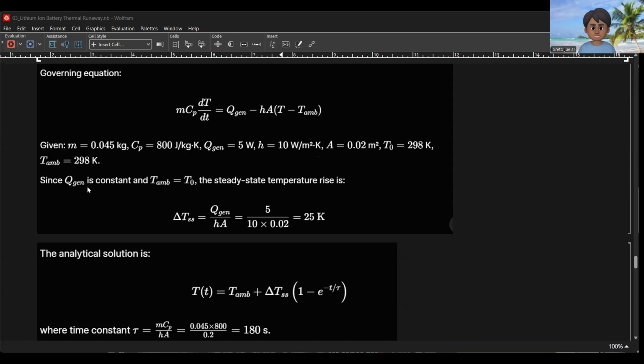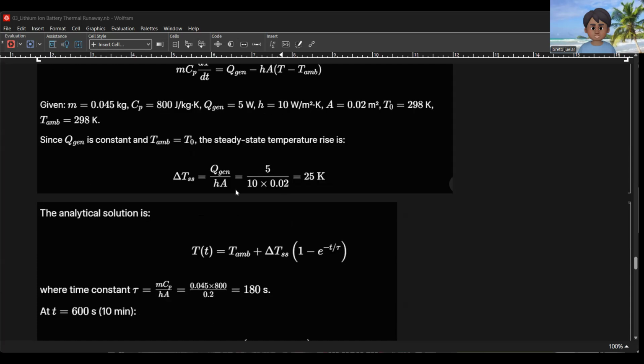Since the total amount of heat is constant, and the initial ambient temperature is T sub 0, the steady state temperature rise is equal to the total amount of heat generated over the convection coefficient times area. So 5 over 10 times 0.02 equals 25 Kelvin.